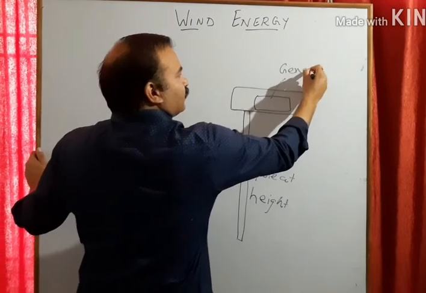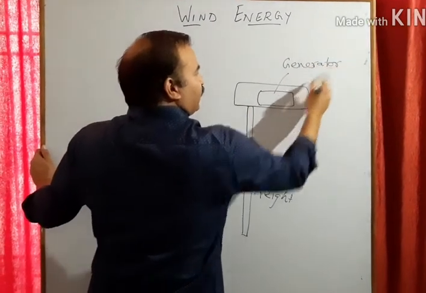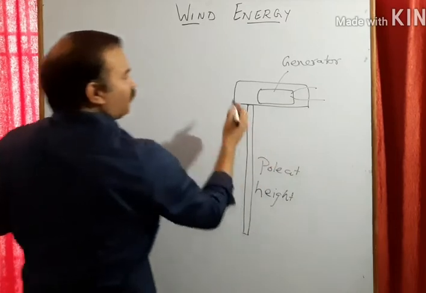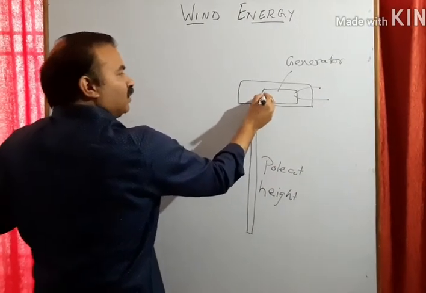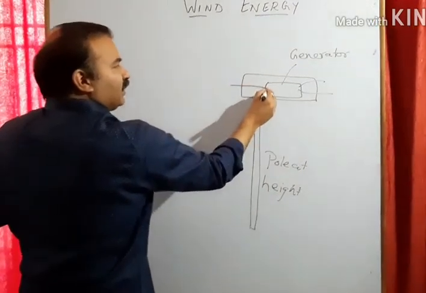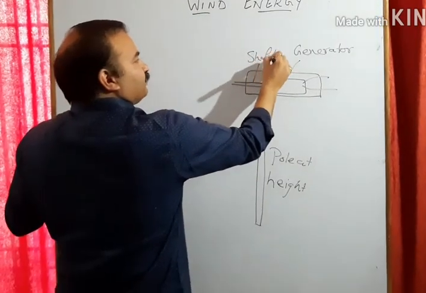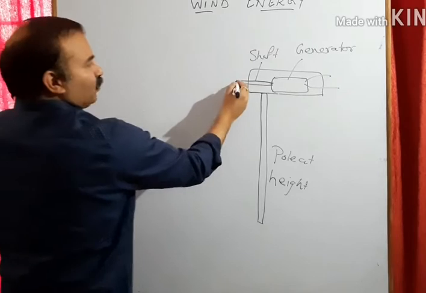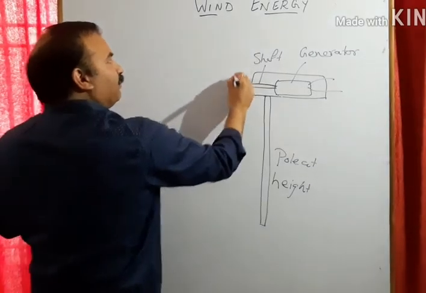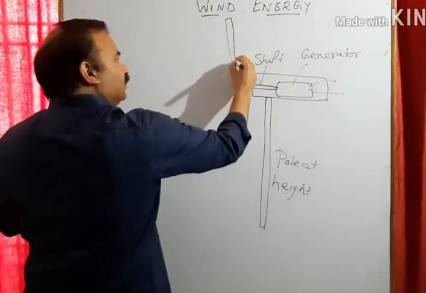Two wires go out from it, which are connected with a rod. This rod is known as the shaft, and in front we have 3 blades of the turbine.